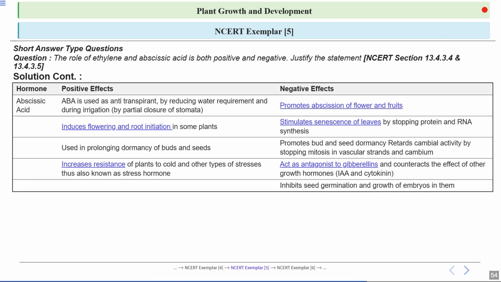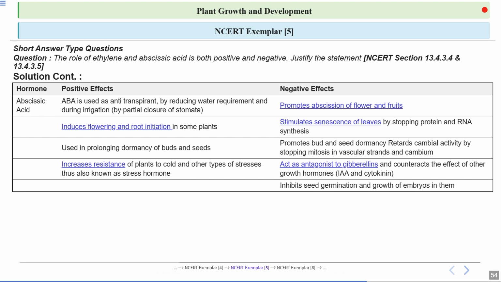Now, let us see the abscisic acid positive and negative effects. Positive effect, first of all, abscisic acid is used as an anti-transpirant. Anti-transpirant means it allows the stomata to close and reduces the rate of transpiration, right?